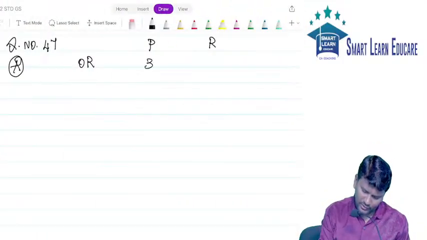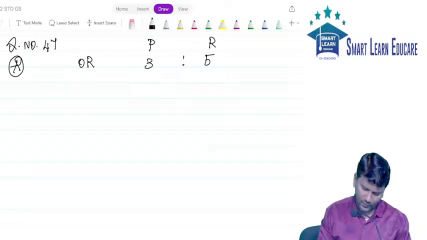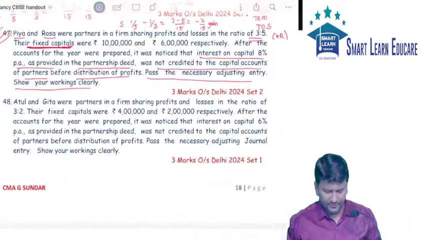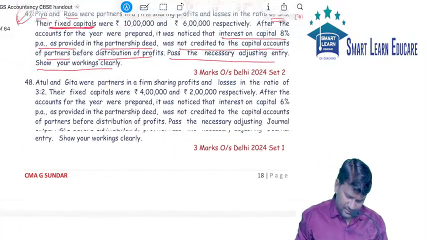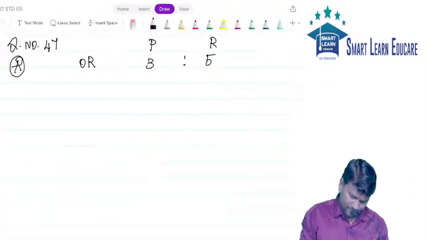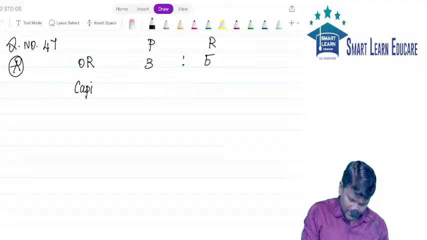The ratio is 3:5. Also, what is the other thing given? Fixed capital. Capital is given as 10 lakhs and 6 lakh.